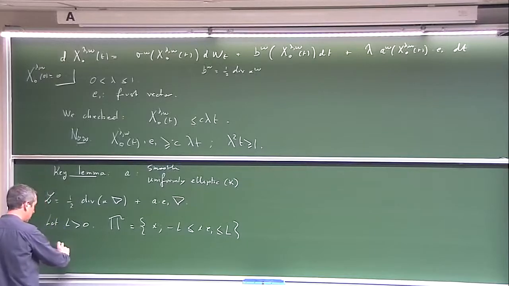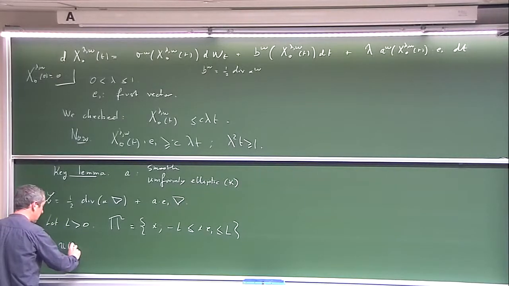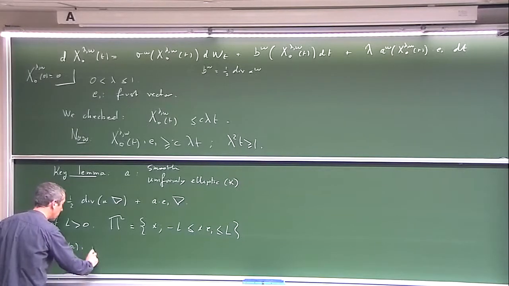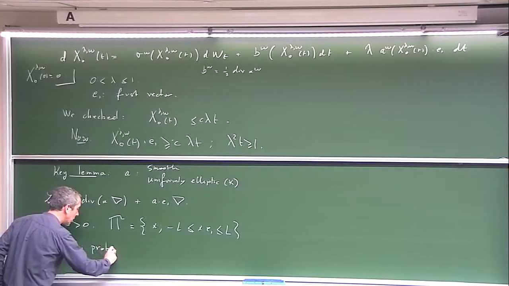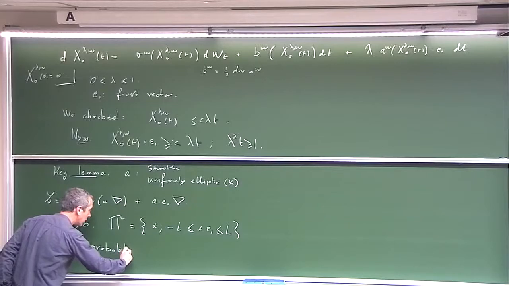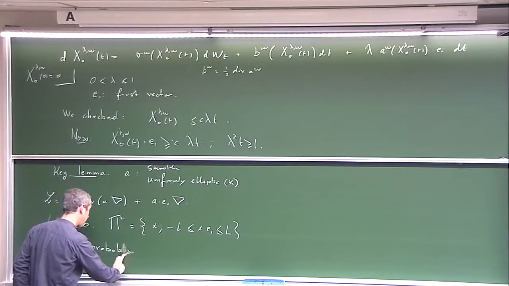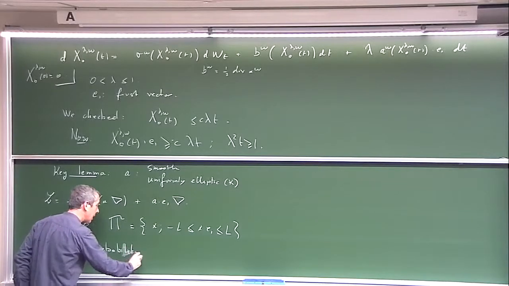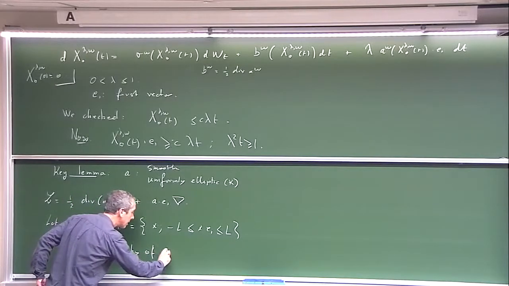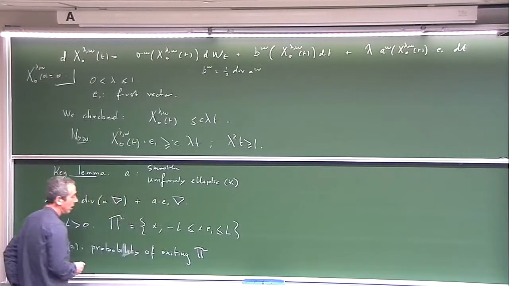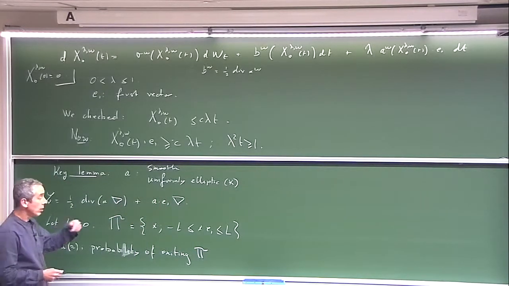And I want to look at the exit time. So let us call U of x the probability to exit to the right, the probability of exiting this Pi from the right side.